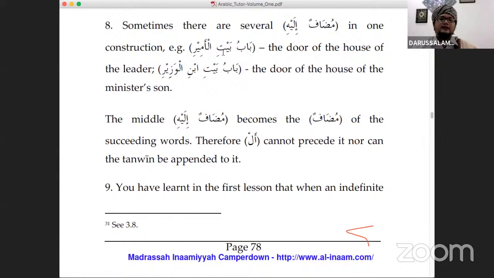Baiti is mudaf ilayh, so it must be majrur. Okay, babu baiti, majrur. And at the same time it's mudaf, so it cannot have al, cannot have tanween. So you cannot say babul baitil amiri, that would be wrong, right? Or babu baitin al amiri would be wrong as well. Because the mudaf cannot have alif lam, cannot have tanween, whether it's in the beginning or in the middle, it's the same.